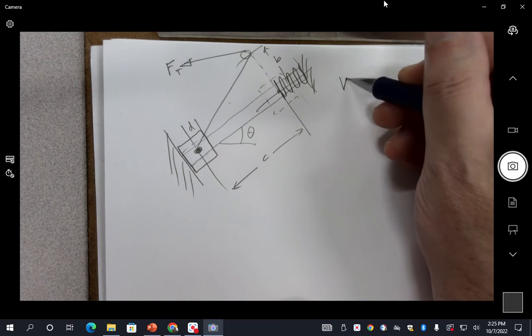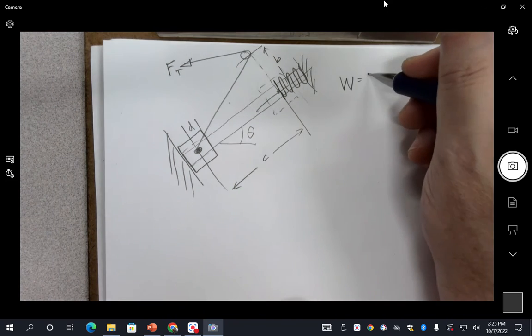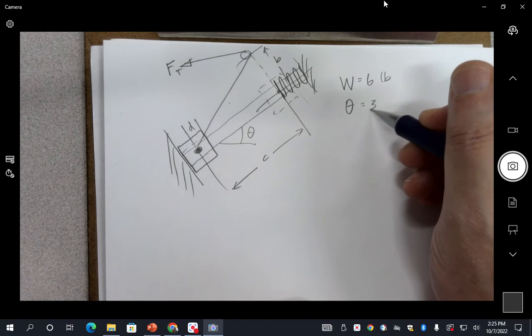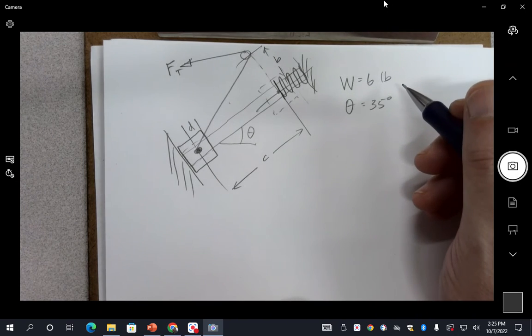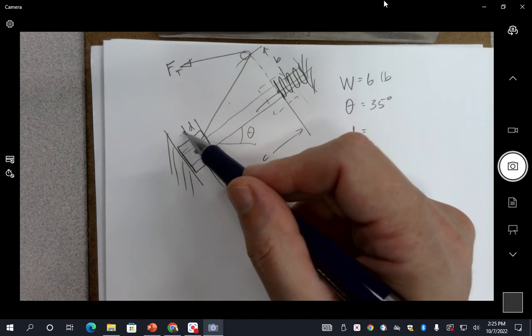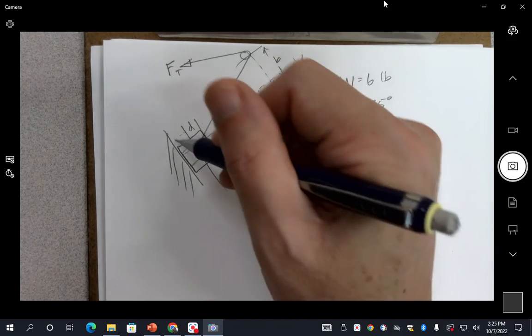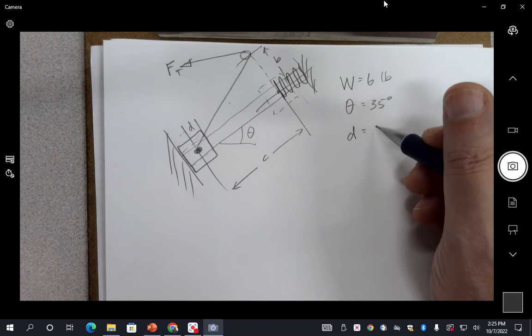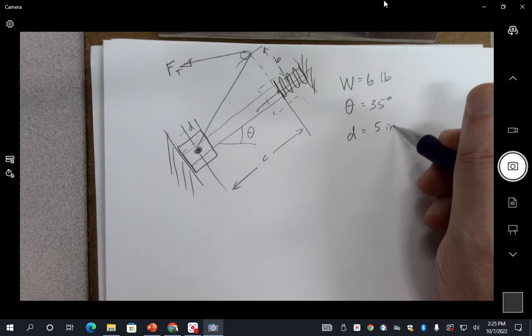And I said that the weight of this collar is 6 pounds. This angle is 35 degrees. This distance, D, that's the half width of this, is going to be 5 inches.